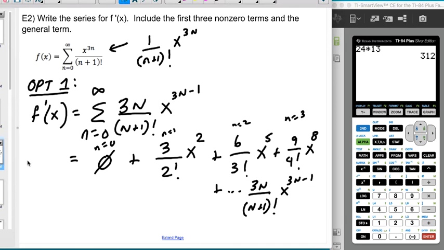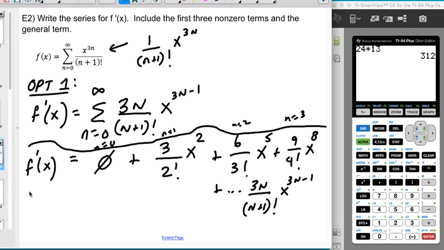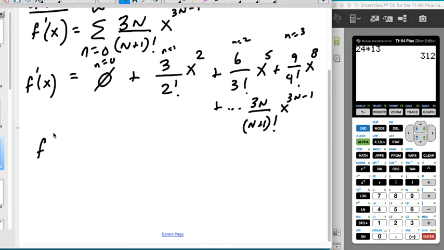That's one way to do it, and you could certainly do it that way, okay? So one way to do it is to differentiate this thing first, right? So that's fine. And if I clean this up a little bit, my first 3 non-zero terms, I can ignore this guy, are 3 halves x squared. This is a 6 over 6, so I could probably just write it next to the 5th. This is a 9 over 24.